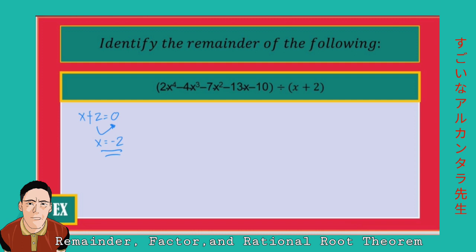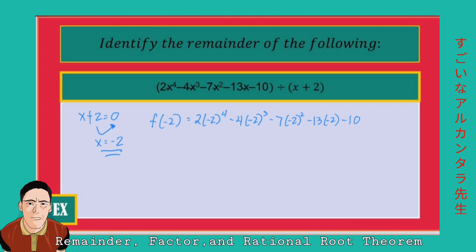So we're going to have f of negative 2 equal to, now, so we can save some time since we have already shown some complete solution earlier, we can actually directly substitute here. So we can have 2 times negative 2 raised to 4 minus 4 times negative 2 raised to 3 minus 7 times negative 2 raised to 2 minus 13 times negative 2 minus 10.